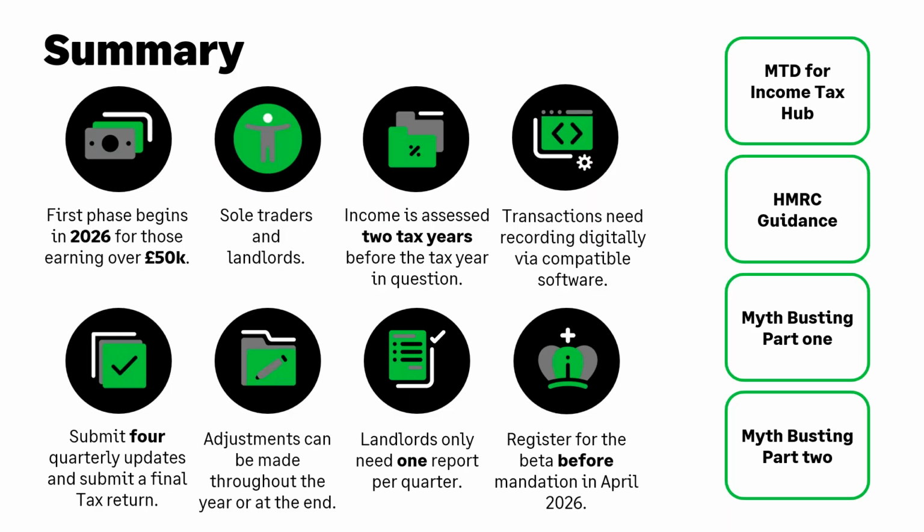You will submit 4 quarterly updates and a final tax return. Adjustments can be made throughout the year or at the year end. Landlords need 1 report per quarter, no matter how many properties. And you can register for the beta ahead of mandation in April 2026.